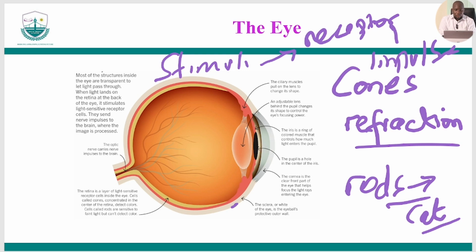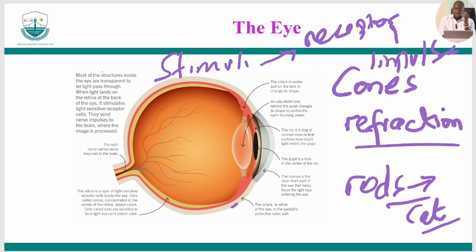Then we come to, of course, the front part. We already talked about it. We said that this white part, the front part of the eye, is what we call the cornea, and it plays an important role in refraction. And then we have the iris. The iris is a ring of muscle that can vary in color. You see some people's eyes are brown, others are dark.